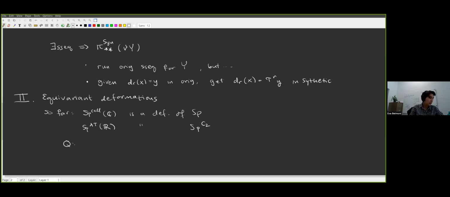A natural question is, what do I put on the left in order to get the next easiest thing I can ask for, which is just C_p for p odd.